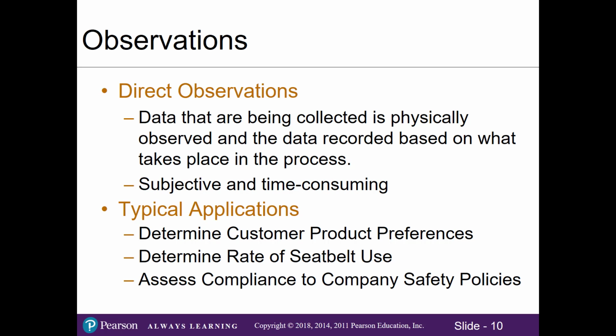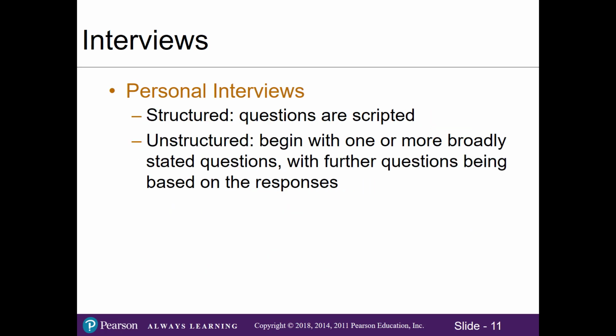Another application would be the rate of seatbelt use. So if you've ever gone through a seatbelt checkpoint while driving, that lets us know if, let's say, Southern Californians are properly wearing their seatbelts. And then companies can use observations to check if people are following safety policies.